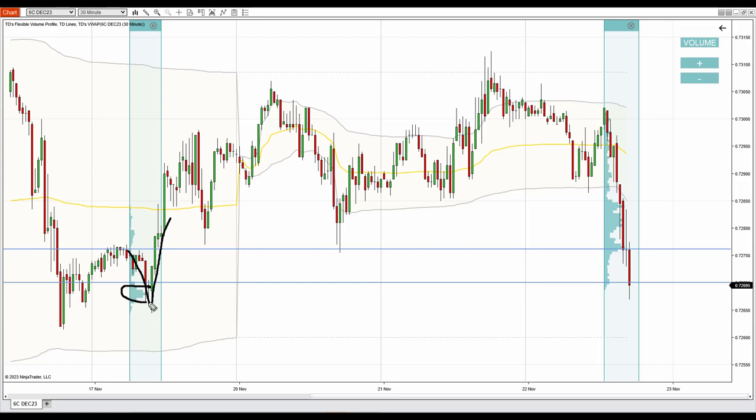This is telling us that buyers were aggressive here, turned the price from selling into aggressive buying activity, and this is a very nice volume cluster here. So I placed that support at the beginning of that volume cluster, and currently I'm hoping for a reaction.